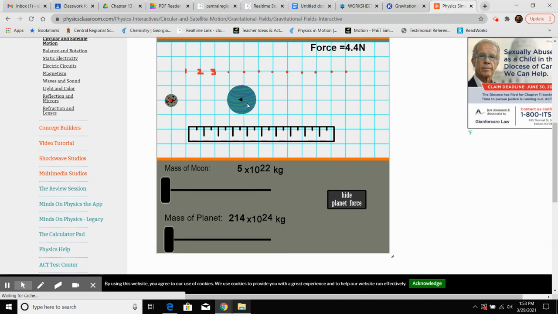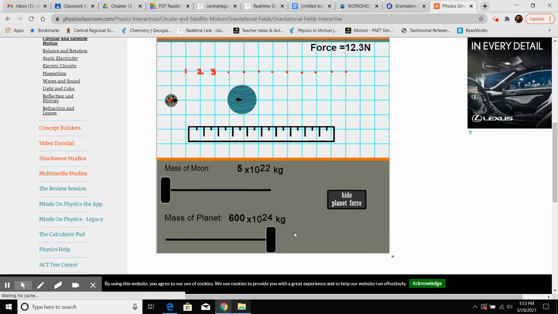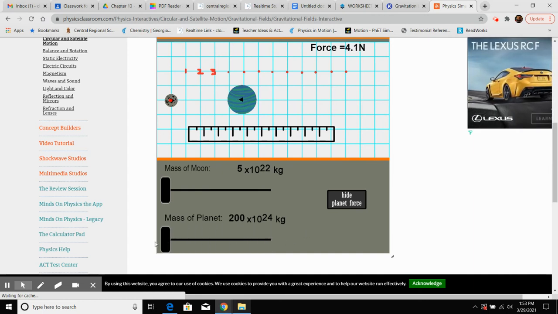Let's just see something for a second. Does that affect? Nope. Well, this kind of is a little bit of an annoyance because we can't really change the mass of the planet anymore, right? The lowest thing we got is 200, and multiply that by 4 is 800. So that would mean we would have to start at 800 and work our way down to 200.